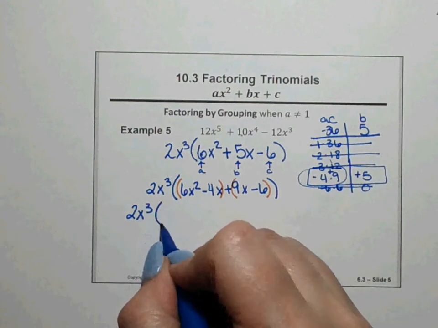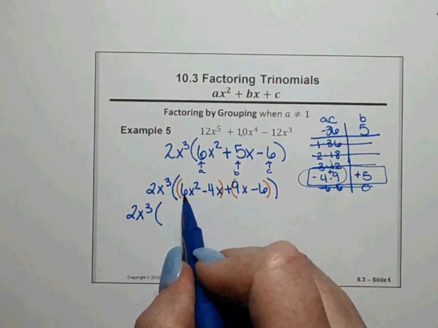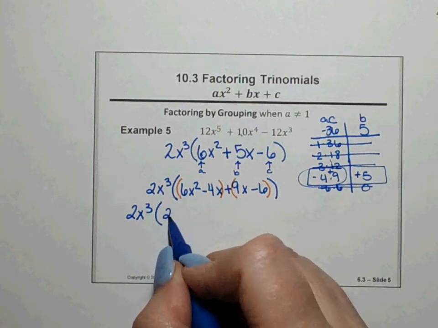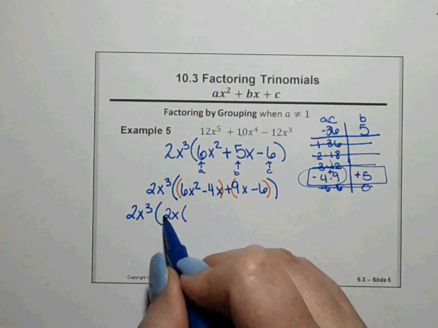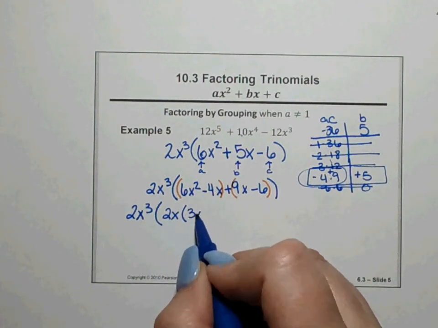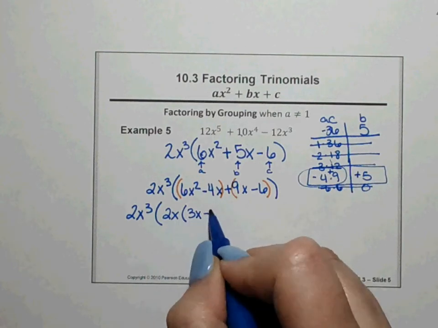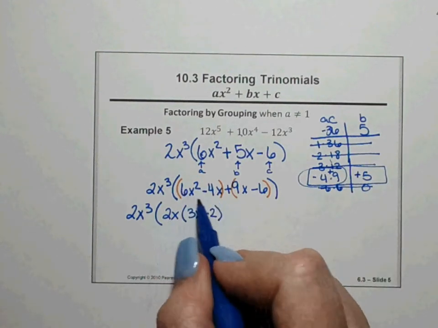Alright, so my GCF here is going to be, let's see, they share a 2x. And then inside my parentheses, 2x times what gives me 6x squared, 3x minus 2. So this is my GCF of this first grouped terms.